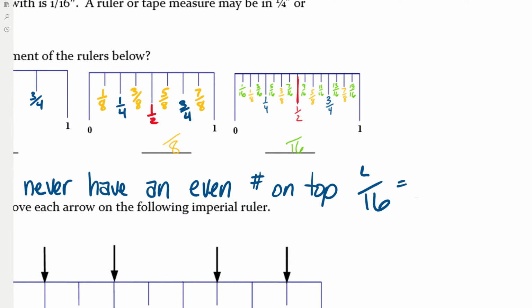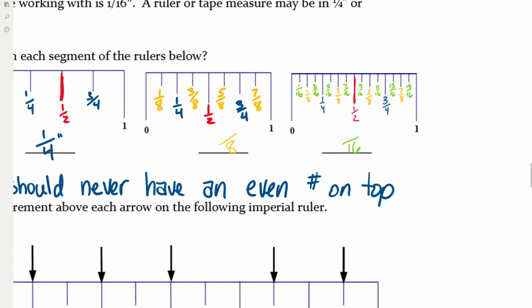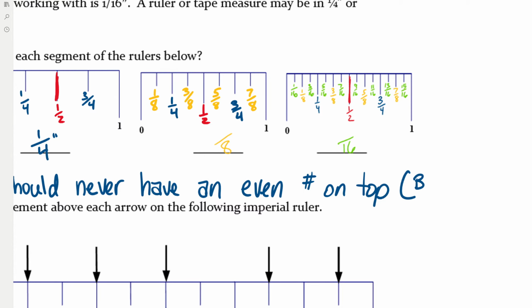If you had 4/16, well, 1, 2, 3, 4/16. A better way to write 4/16 is a quarter. If you had 14/16, well, a better way to write that is 7/8. So anytime you have an even number on top, there's a better way to write it.